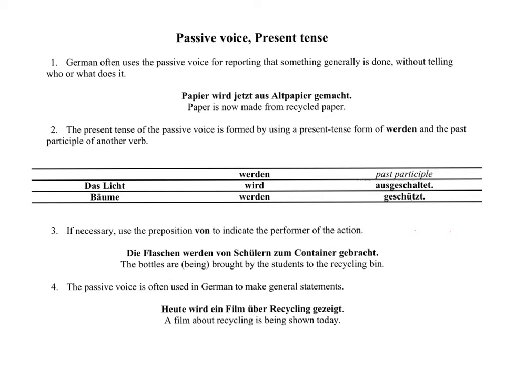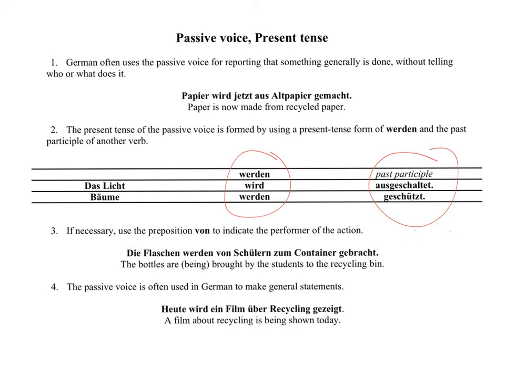So the present tense of the passive voice is formed by using the present tense form of werden and the past participle of another verb. So over here we can see we've got the present tense form of werden as well as the past participle of another verb. So the example sentence we get here, we have Das Licht wird ausgeschaltet.